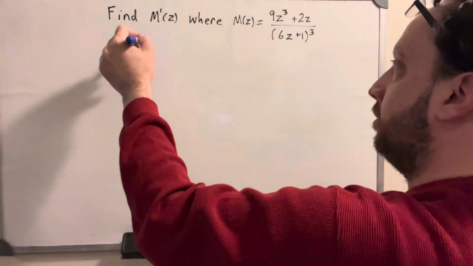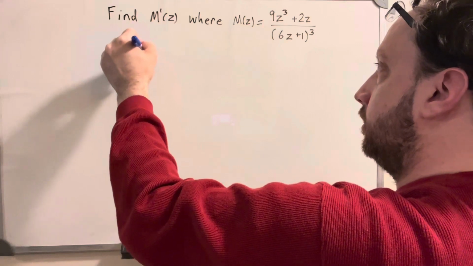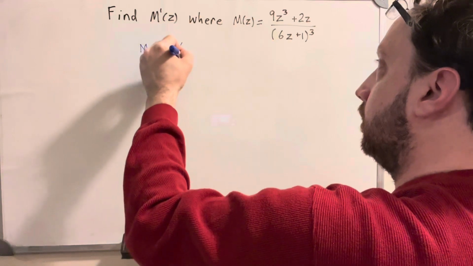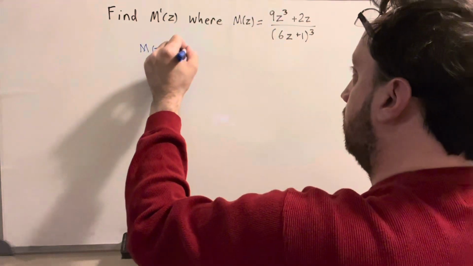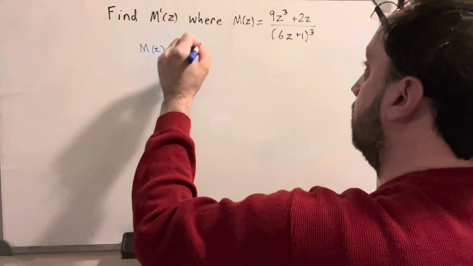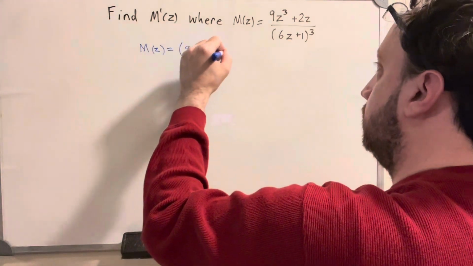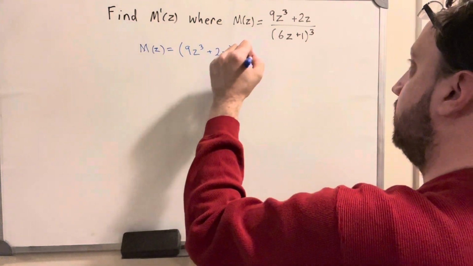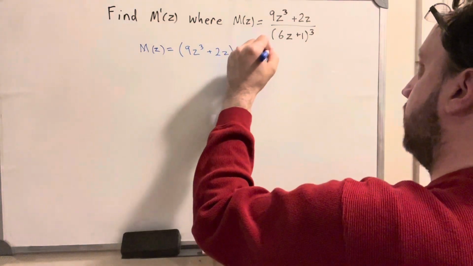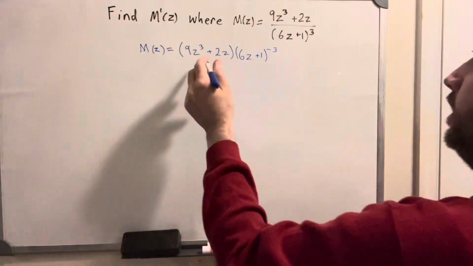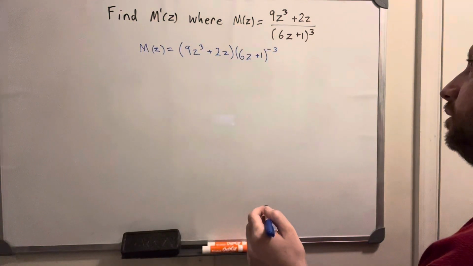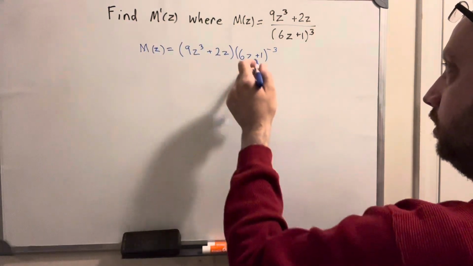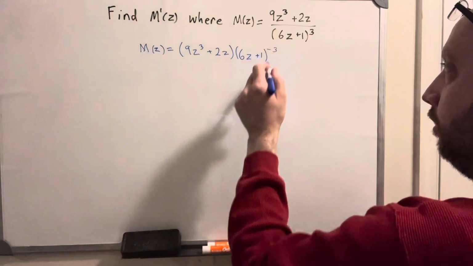So if I rewrite m of z like this, I'm going to write the numerator 9z cubed plus 2z times 6z plus 1 to the negative third. Now we have something which was directly polynomial, and we have a polynomial raised to a power.